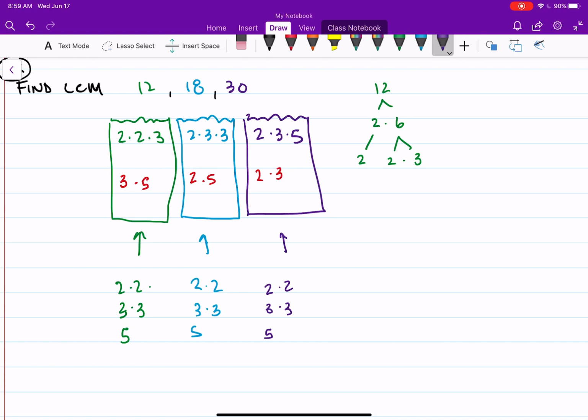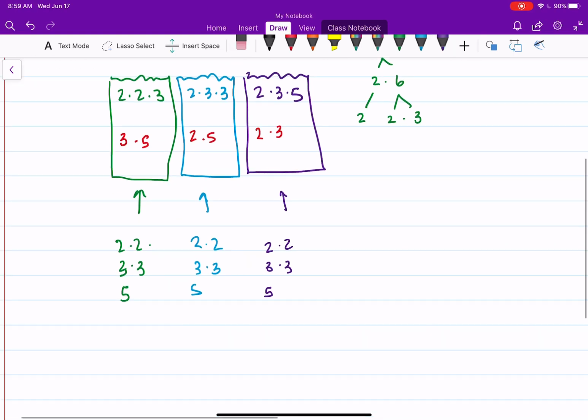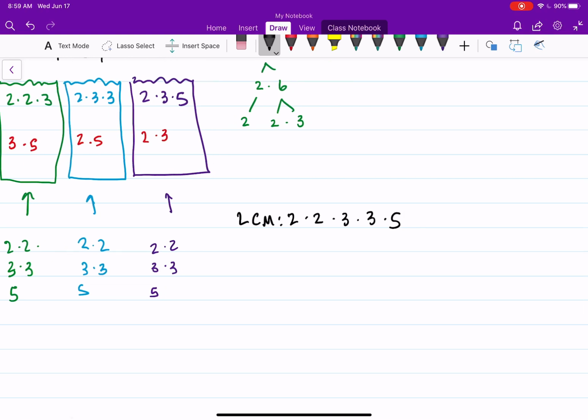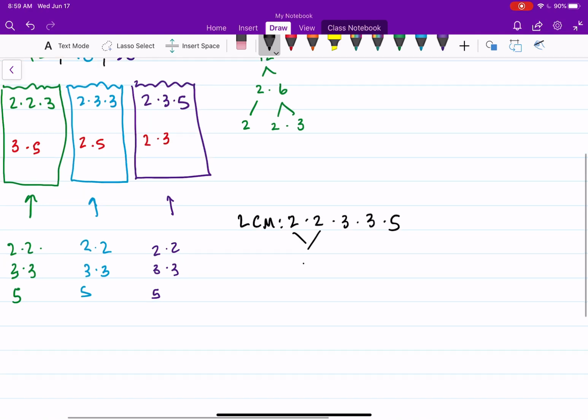Is that right? Awesome. If that is the case, that means my LCM would be 2 times 2 times 3 times 3 times 5. So my LCM would be the value of the product of one of the bags. It doesn't matter which one. So 2 times 2 is 4, 3 times 3 is 9, and then 5.